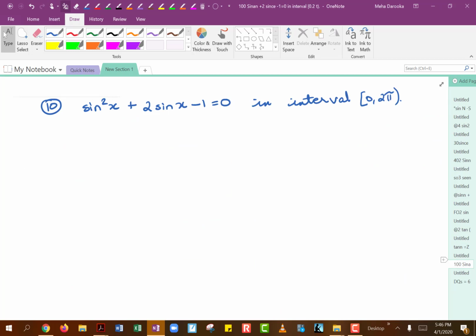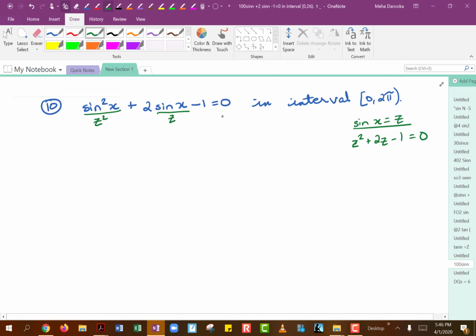Okay, so just to show you this as a quadratic equation, if you think of your sine x as being our variable z, then you've got basically z squared plus 2z minus 1 equals 0. We're just replacing these with z squared and z.